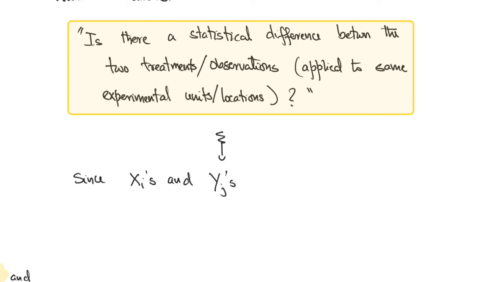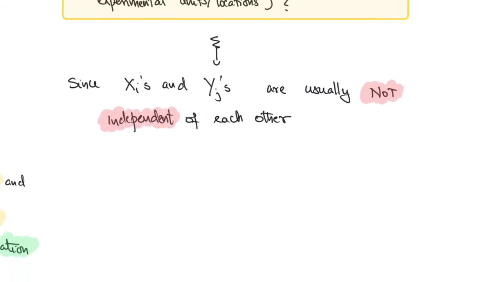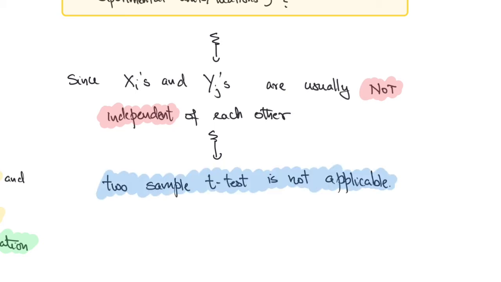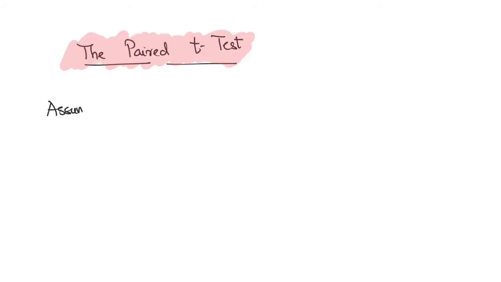Since the xi's and yi's are usually applied to the same individual, they're not going to be independent of each other. And in this setting, the two sample t-test is not applicable, or if you apply it, the application is incorrect or the inference is useless. So what do we do? We have the paired t-test.